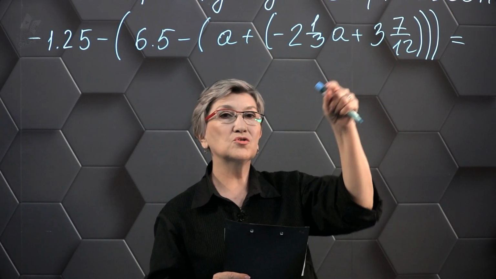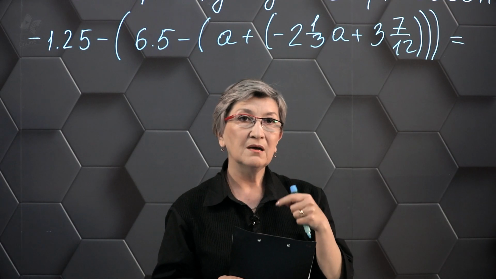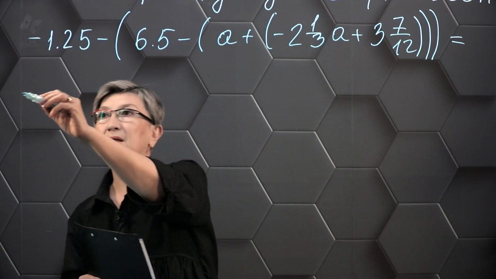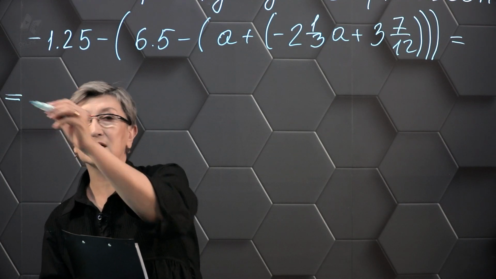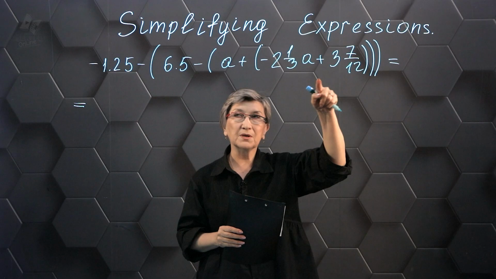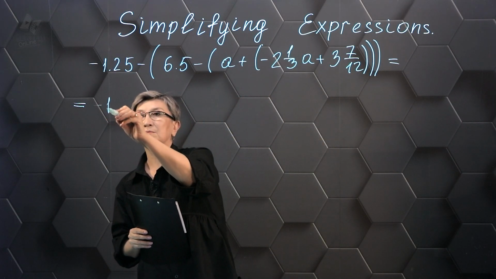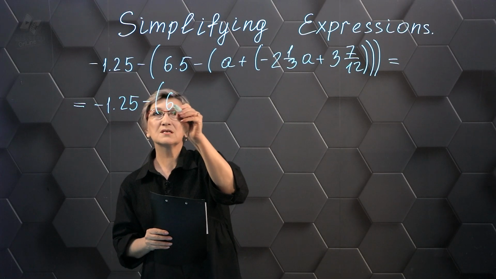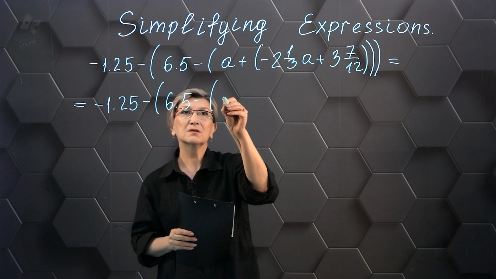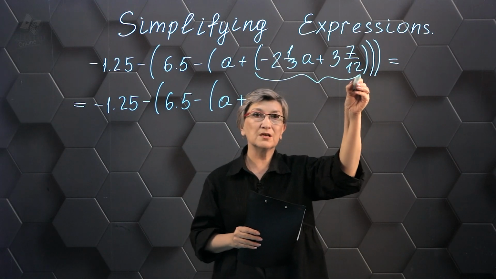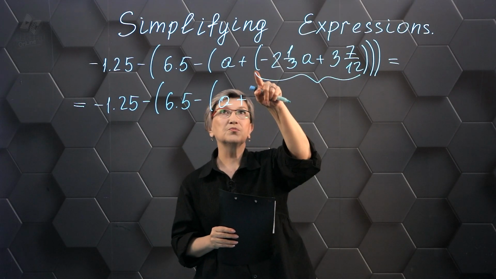So in order to convert this expression, we have to open the parentheses. We perform this transformation as follows. We start with the inner parenthesis. The result is minus 1 25/100 minus 6.5 minus a plus, and we work with this expression. Note that the parenthesis is preceded by a plus sign.